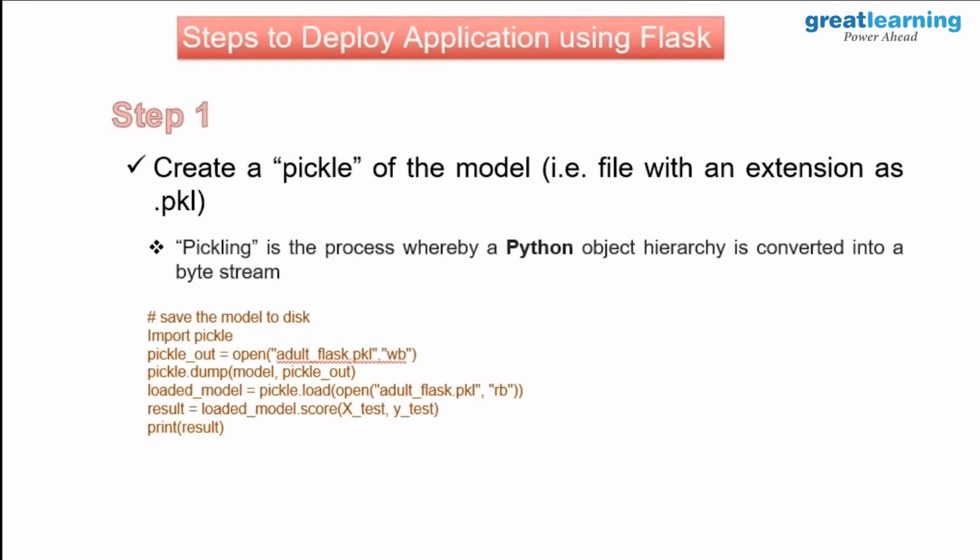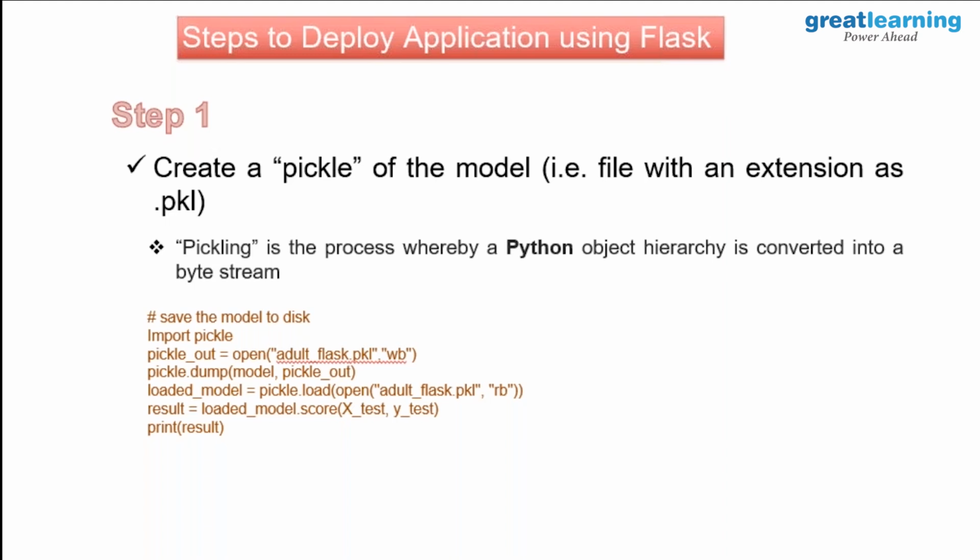Now, what are the steps for doing a deployment? The first step is you have to create a pickle of the model. What is a pickle? If you remember, a couple of slides back, I showed you that for a model to be deployed, we create an executable jar file, and that jar file we deploy in an environment.